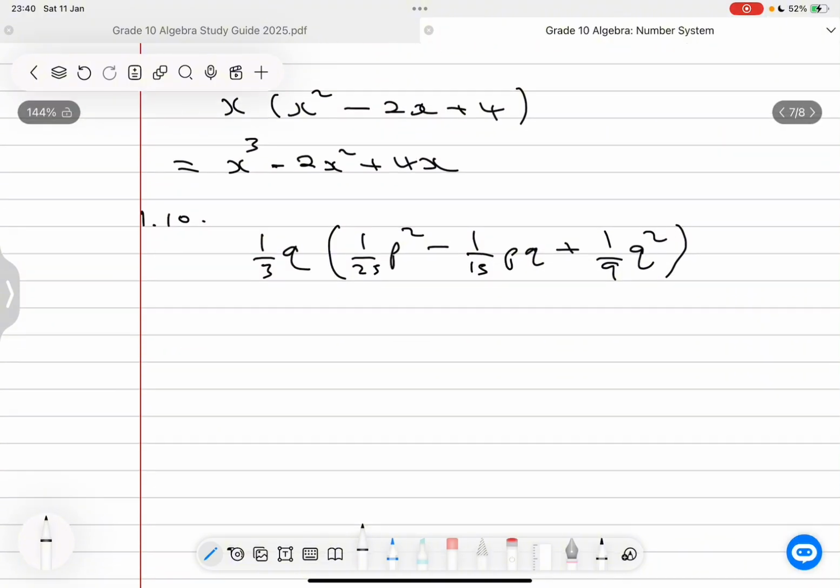Now let's have a look at this. So sometimes expressions can come as fractions. You have to also be comfortable working with fractions. Again, you need to remember how to deal with fractions the way you did in grade 9. Now at this stage, we're going to apply our distributive law that says we're going to multiply this monomial with the first term in the brackets there, right?